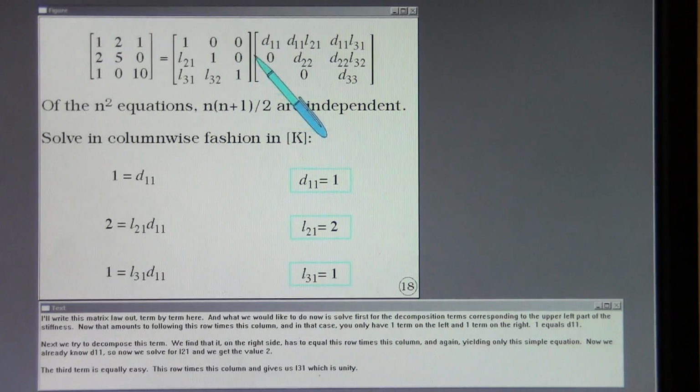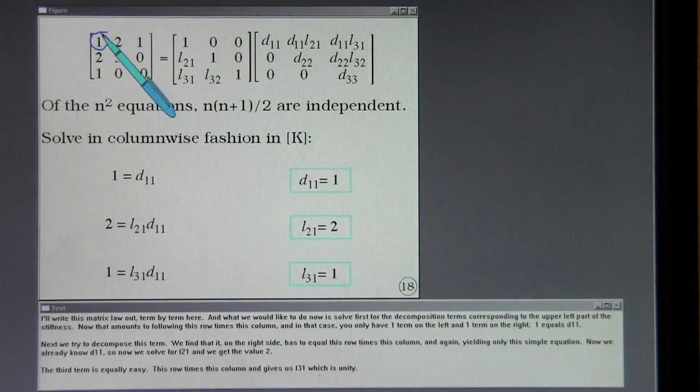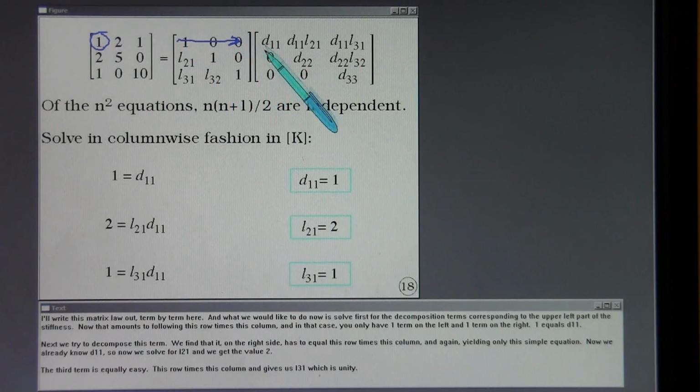And what we would like to do now is solve first for the decomposition terms corresponding to the upper left part of the stiffness. Now that amounts to following this row times this column. And in that case, you only have one term on the left and one term on the right. 1 equals D11. Next, we try to decompose this term.